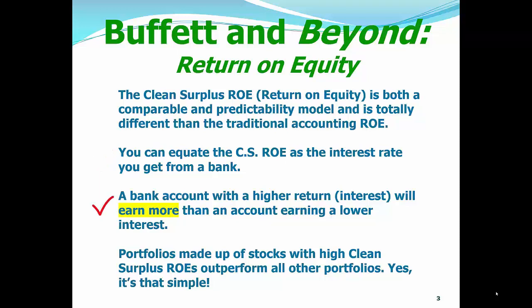A bank account with a higher return or interest rate will earn you more money than an account earning a lower interest rate. So it just follows that portfolios made up of stocks with high clean surplus ROEs, or return on equity, will outperform other portfolios made up of stocks with lower return on equity or interest rates. So think of your bank account when we talk about these stocks.